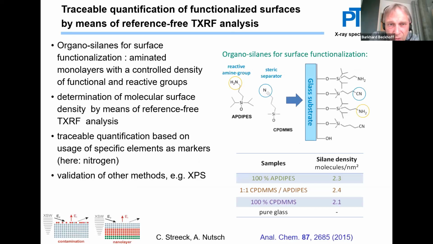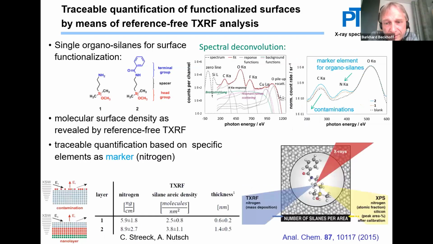And I'd like to conclude my talk with 2 slides on a reference-free approach that PDB has to qualify calibration samples. Here, in the case of functionalized glass substrates containing aminated monolayers, we can just count the number of nitrogen atoms on the surfaces to provide calibration samples, for example, for XPS.